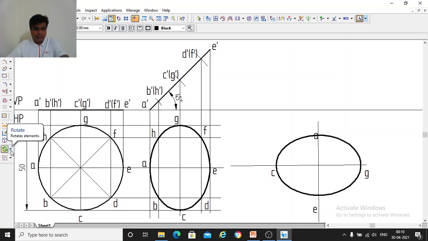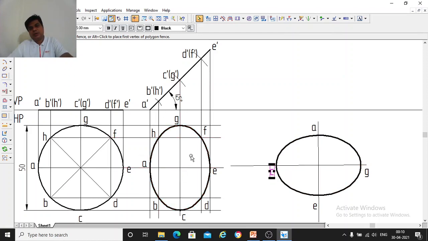Similarly, you can get the remaining points, and so just redraw this ellipse here, and again you have to get these points B, D, F and H. Okay, so now we have the points A and E. So AE, line HB is perpendicular to AE.